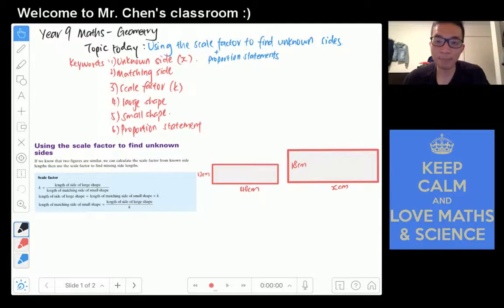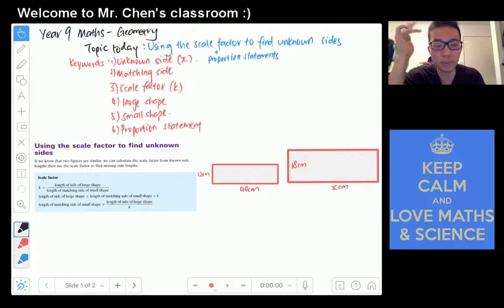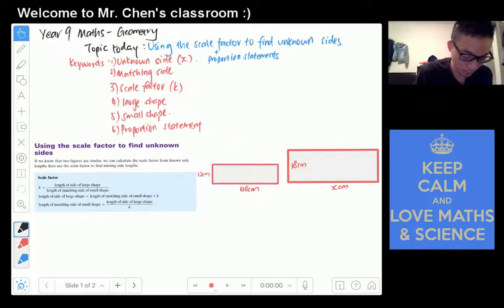So today in maths, we will continue with our geometry. Today's topic is using the scale factor to find an unknown side. We will also be looking at using the proportion statement.